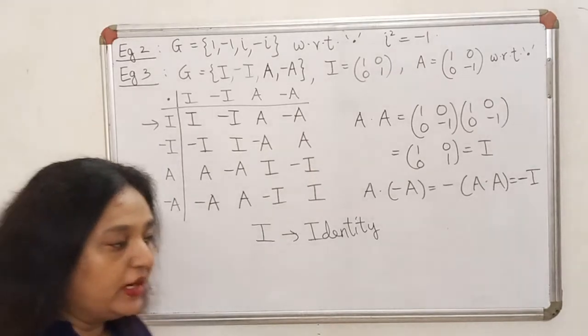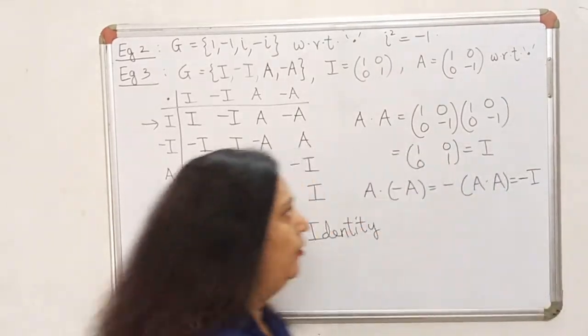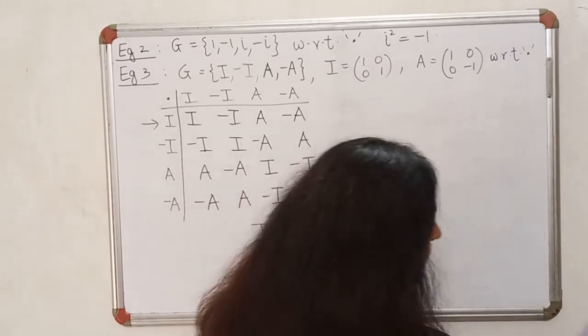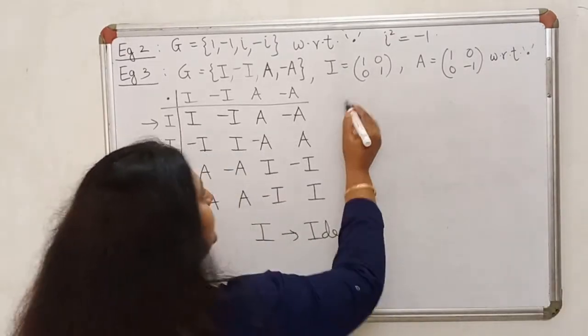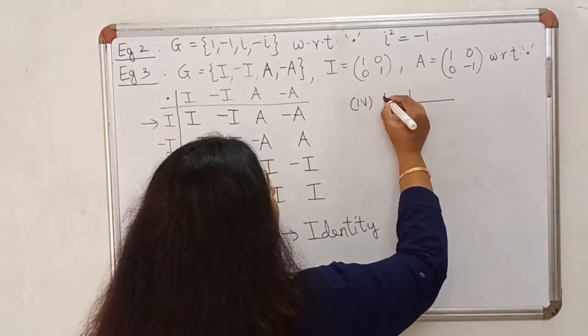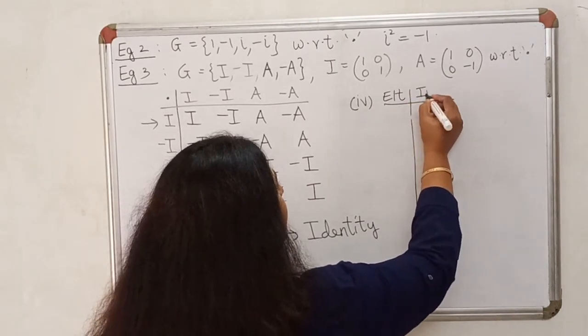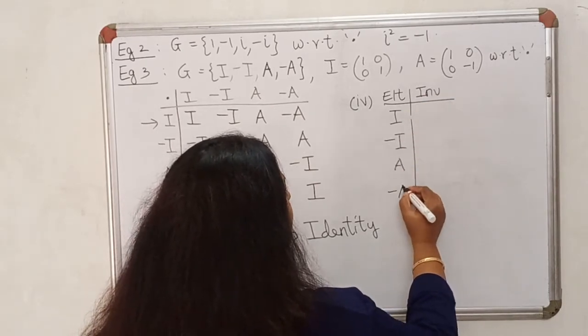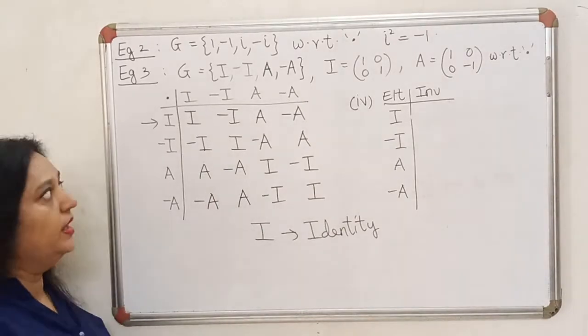Then I look at the fourth property. Fourth property is to check whether every element has an inverse. So for that, I draw a table which will display the information conveniently for me. Let me see if I can get an inverse for every element.